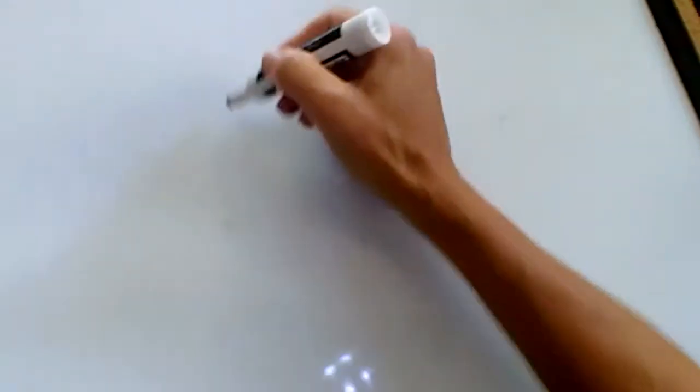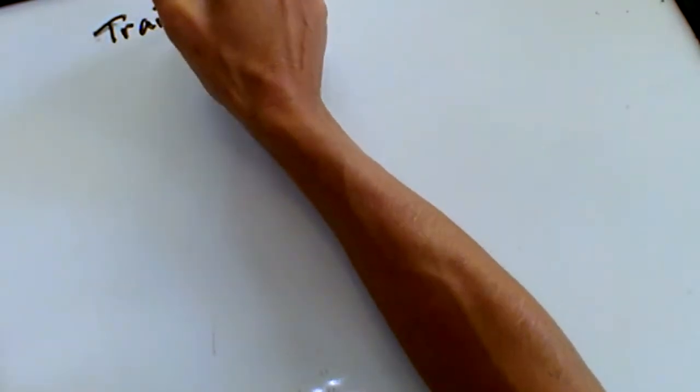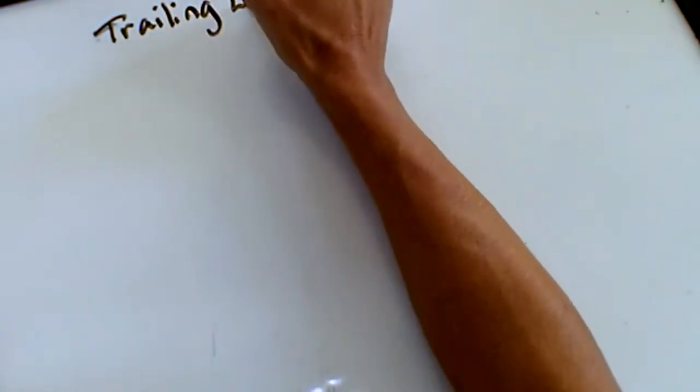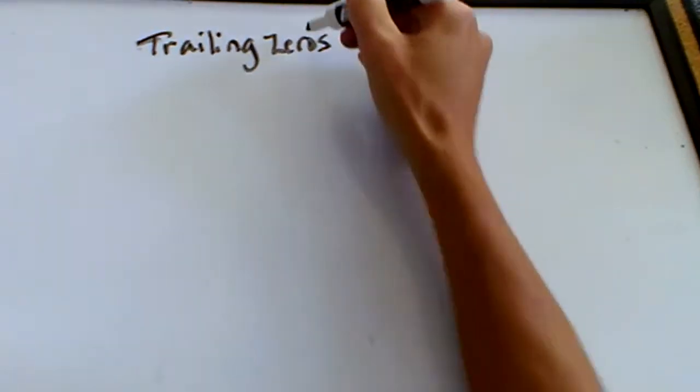Okay, so this will be our trailing zeros. I should at least start at the top, shouldn't I, guys? Trailing zeros. Once again, those are zeros that come at the end of numbers.